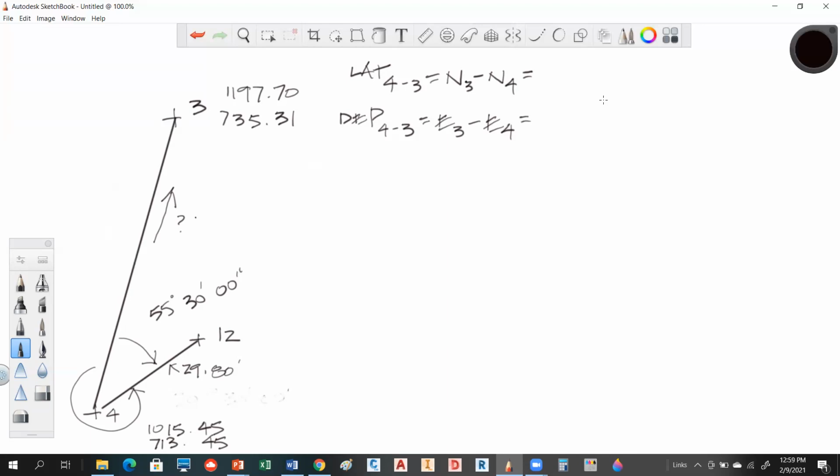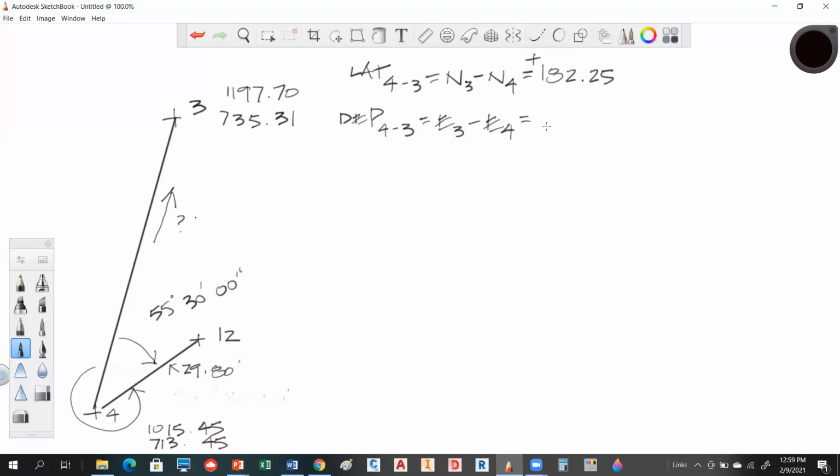So, all right, let's see what we've got. We've got the northing of 3 is 1197.70 minus 1015.45. So this guy's at 182.25. And I forgot to leave room. That should be a plus.